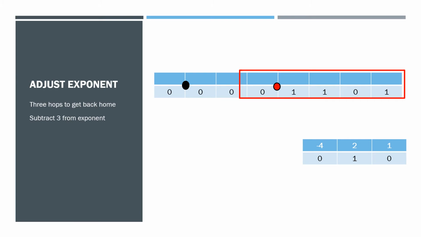And now we have to adjust the exponent so that the final number has the same value as the number we started with. So we've moved the mantissa along by 3, or to put it another way, it's 3 hops to get back home. So we subtract 3 from the exponent. At the moment it's 2. Subtracting 3 will give us -1. So the exponent is now -1.